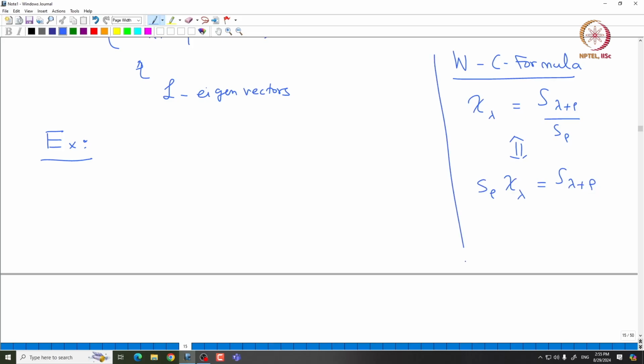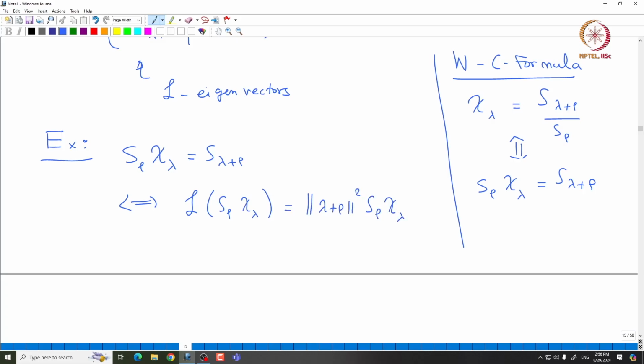So, in case you want to prove that S_ρ χ_λ is the same as S_{λ+ρ}, you can say that this is if and only if the Laplacian applied to S_ρ χ_λ is exactly the same as the norm of (λ+ρ) squared times S_ρ χ_λ.